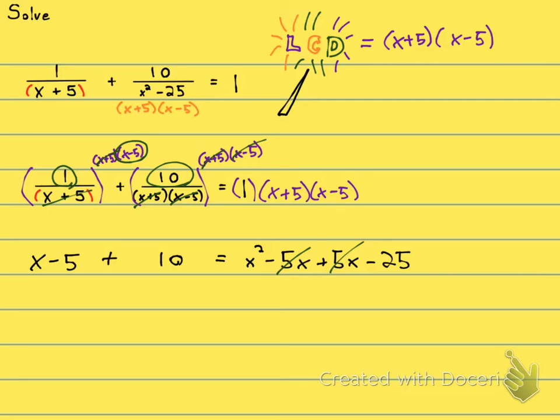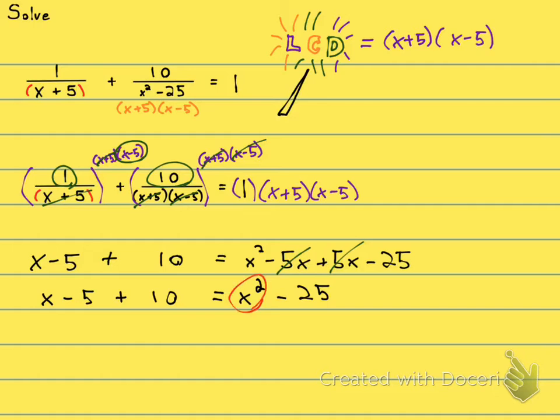All right, let's take a look at what we have now. x minus 5 plus 10 equals x squared minus 25. Okay, now I notice that I have an exponent of 2. So this is going to be quadratic. It's a quadratic equation now. And to solve a quadratic equation, I need to set it equal to 0.